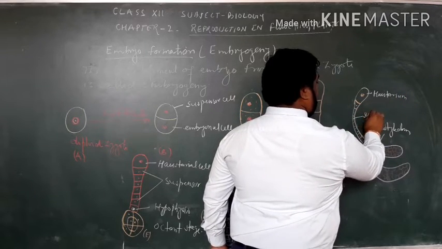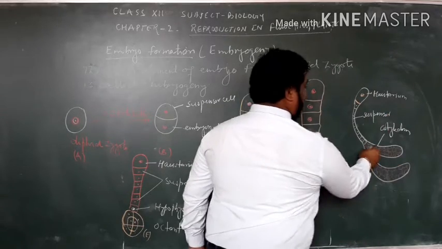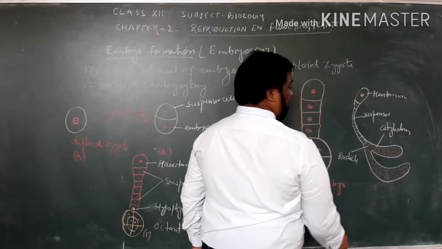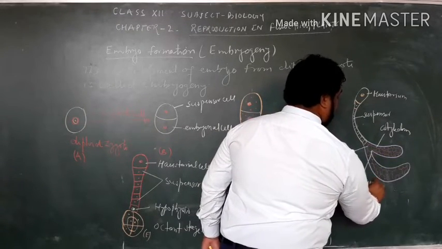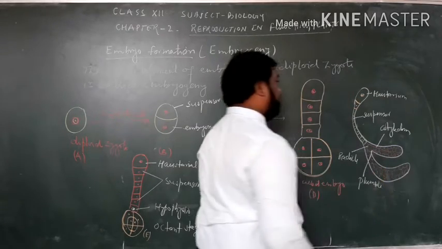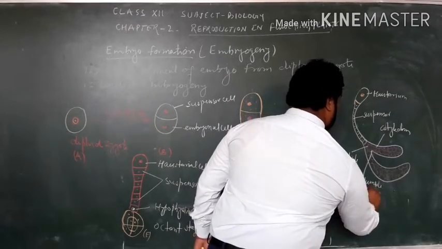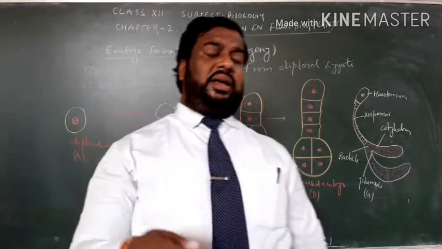This is the suspensor, and this is the radicle, and last this is the end of the plumule. So this is the structure G, embryo development in dicot plants.